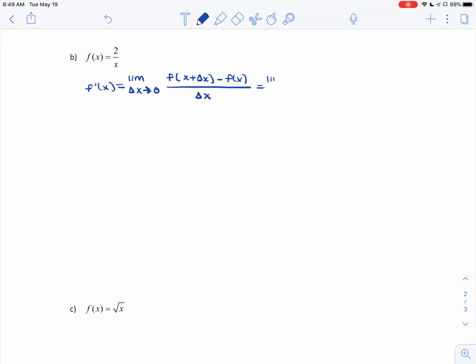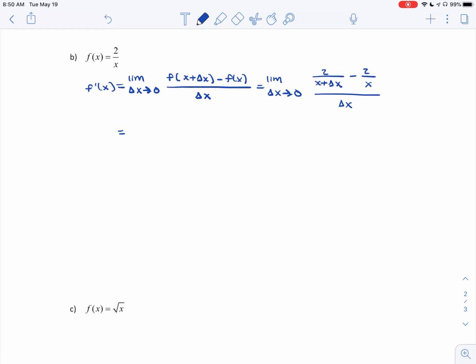So we get the limit as delta x approaches 0. So the first piece here, f of x plus delta x, that would just be 2 divided by x plus delta x, and then minus f of x, so minus 2 over x, and that's all over delta x.